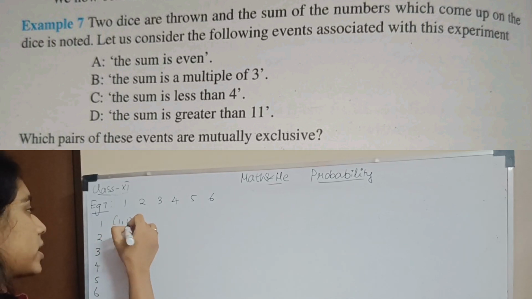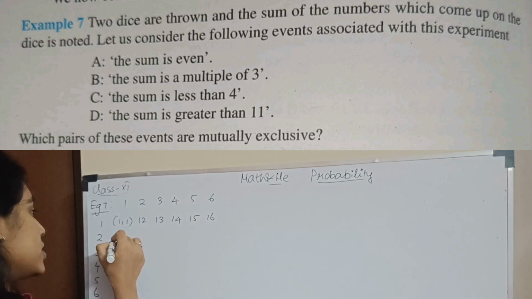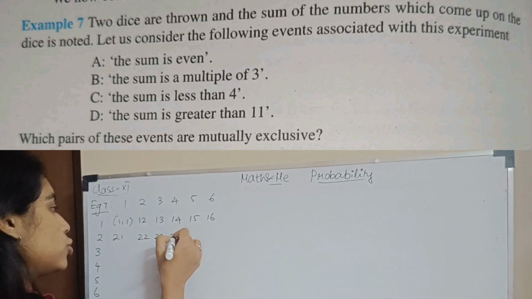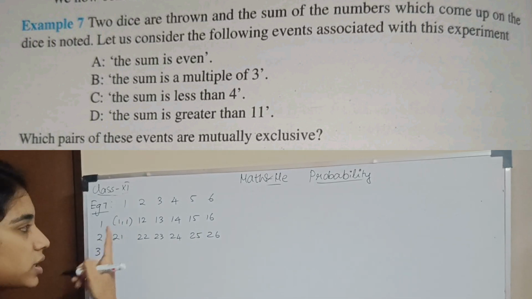So first 1 comma 1, then 1 2, 1 3, 1 4, 1 5, 1 6. You have 2 1, 2 2, 2 3, 2 4, 2 5, 2 6. In the exam please write 1 comma 1, 1 comma 2, 1 comma 3.